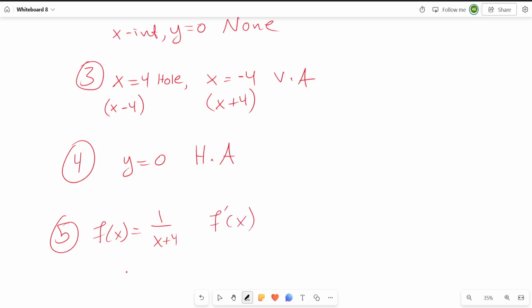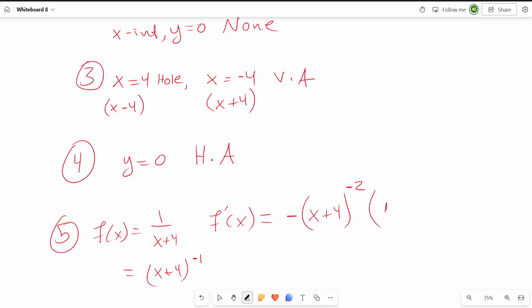First of all, I can write this f of x as x plus 4 to the power negative 1. And I can use the chain rule to differentiate this. So this is going to be power times coefficient. So negative 1 times 1 is going to be minus 1 into x plus 4, and then reducing the power by 1, so minus 1 reduced by 1 is going to be minus 2, and then multiply with the differentiation of what's inside the bracket.